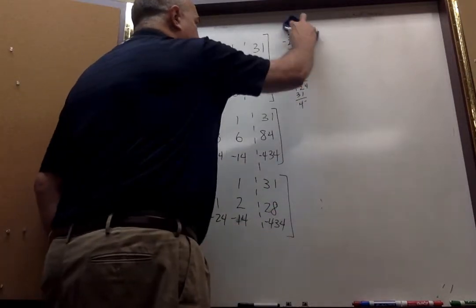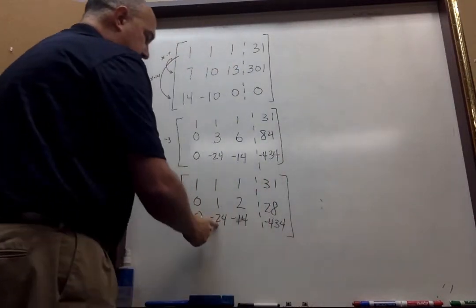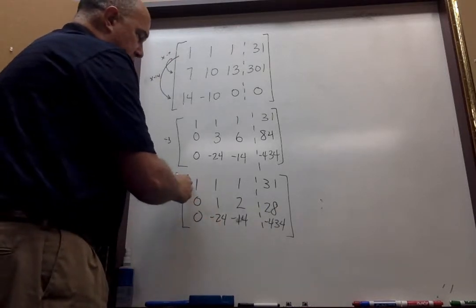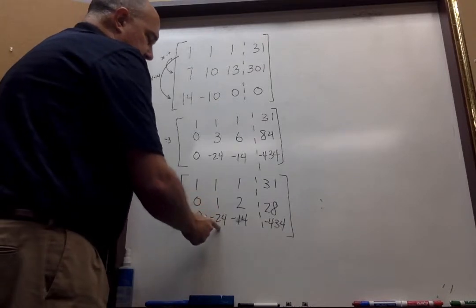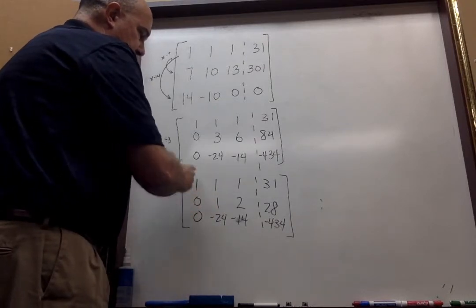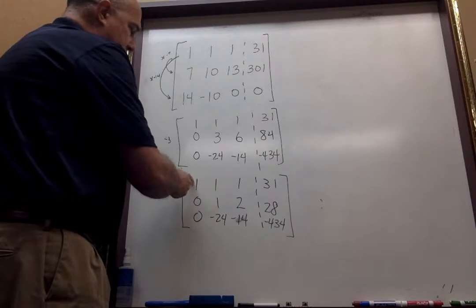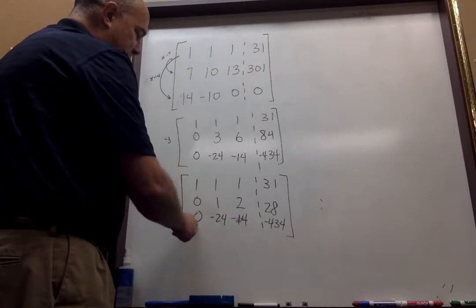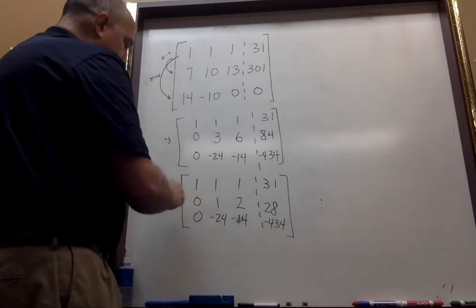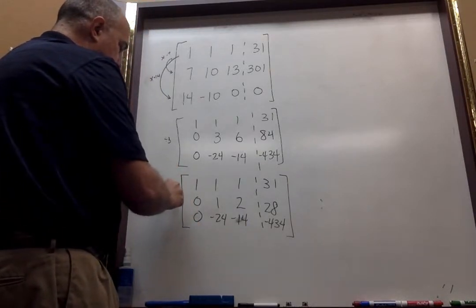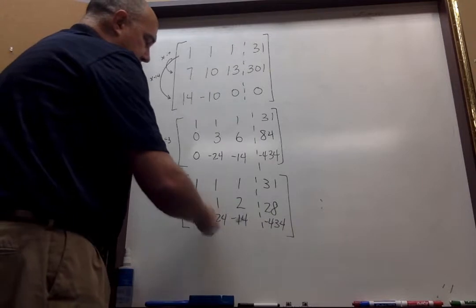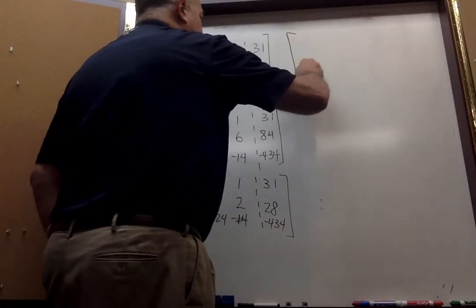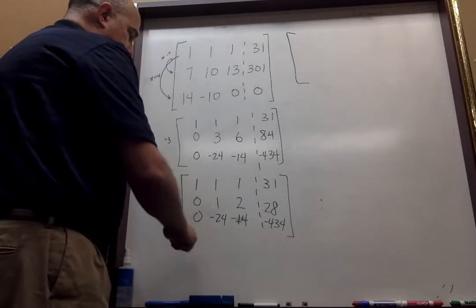And now I want to get a 0 here. So this is a little tricky because I want to get a 0 here without messing up this first column. So I don't want to add the first row to the third one, because then I'm going to get a 1 and it's going to mess up that number. But if I multiply this row by 24, then I'm going to get a 0 there, and it's not going to mess up my first column there.